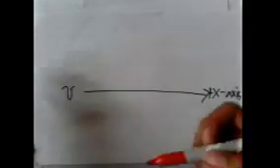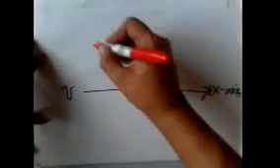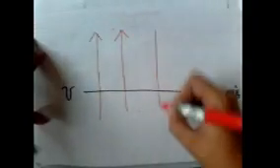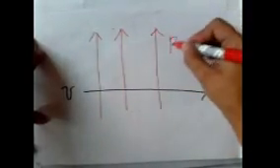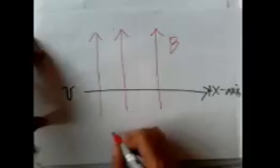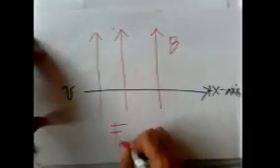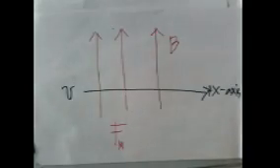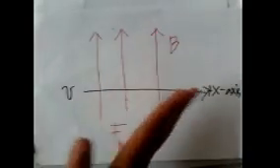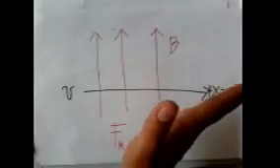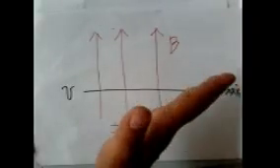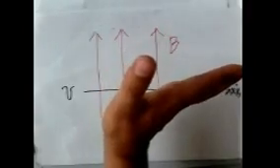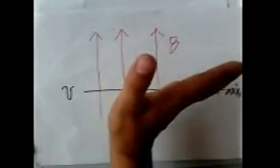we have a magnetic field along the y-axis, so this is the direction of our magnetic field. To find the direction of our magnetic force using the right-hand rule, direct your four fingers in the direction of your velocity and curve your palm toward the direction of your magnetic field.